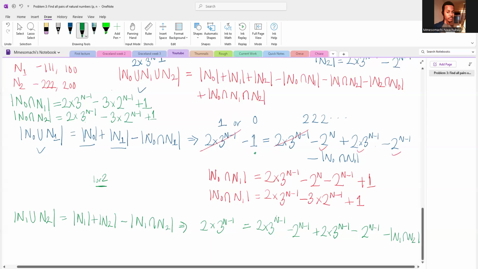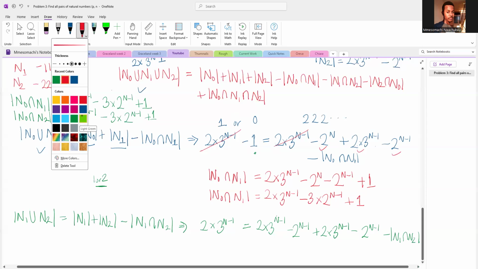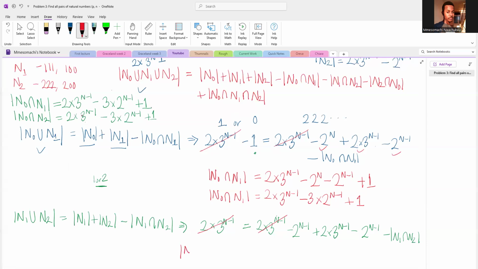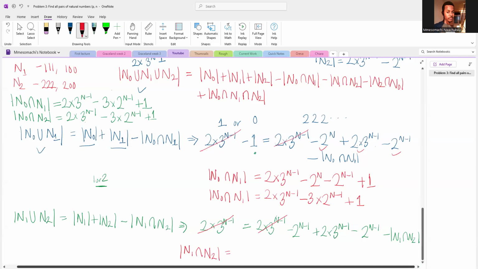Okay. Let's simplify this. So we can cancel this out. And we have N1 intersect N2 is equal to, so we can take this to the side, then we have 2 times 3 to the power of n minus 1.